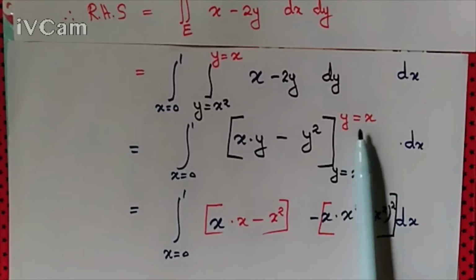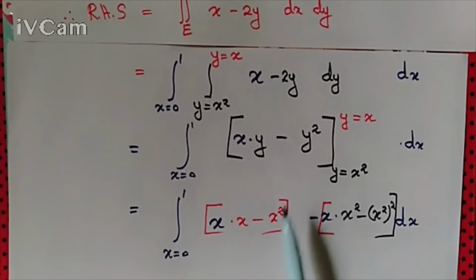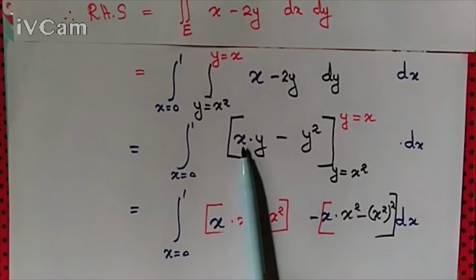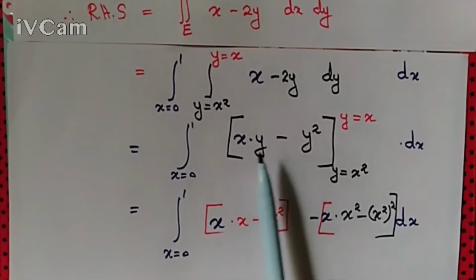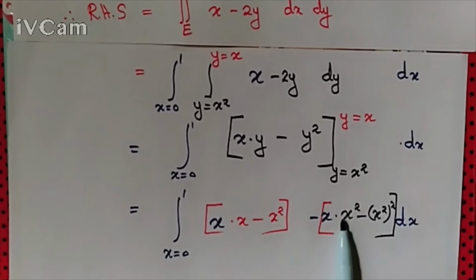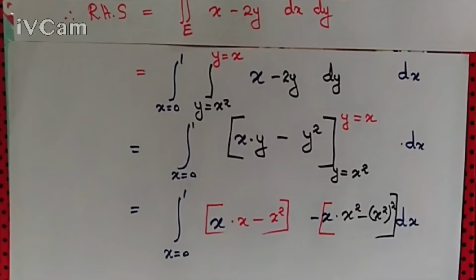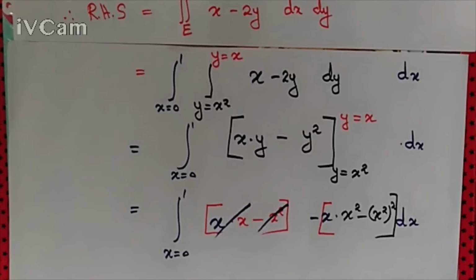In place of y, we can write x. So upper limit done. Lower limit, x as it is. In place of y, we can write x square. Well, x into x is x square. We can cancel it out.